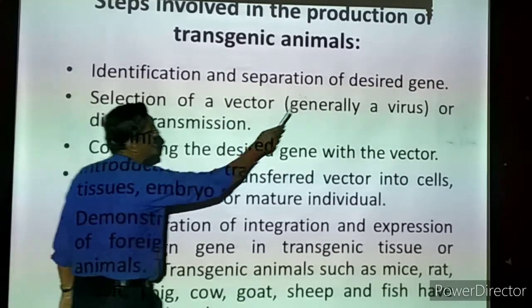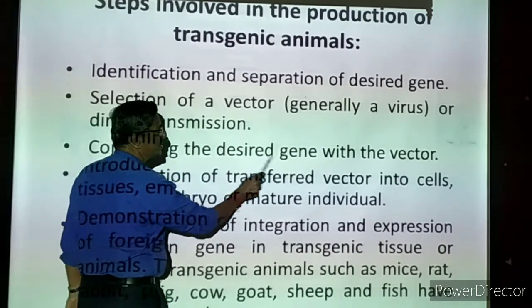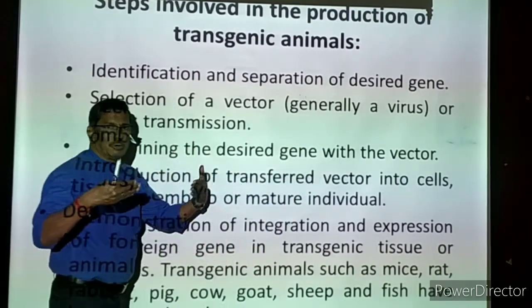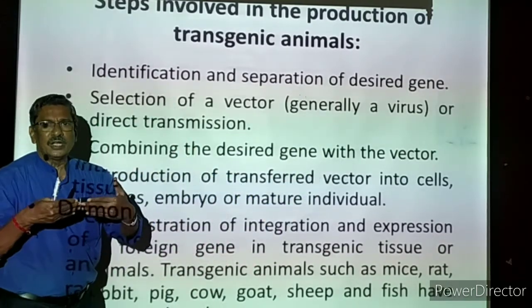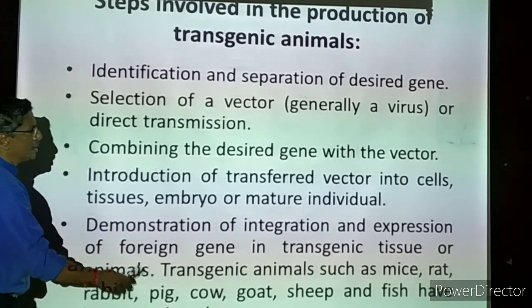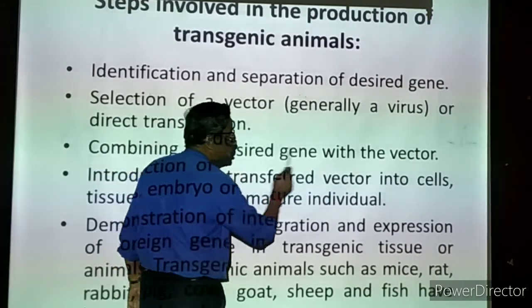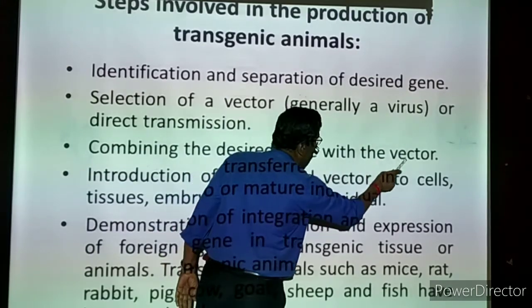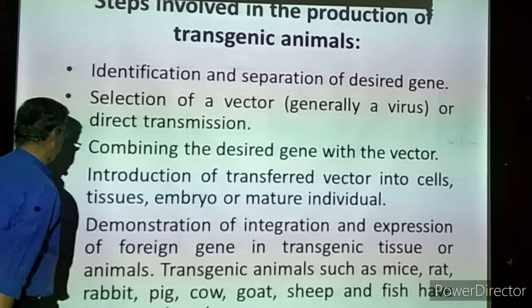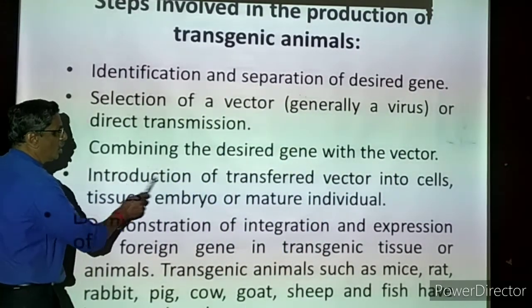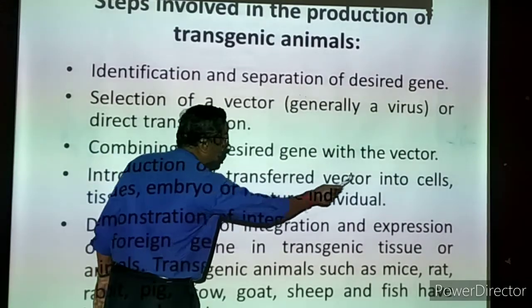Combining the desired gene, I told you, the good gene, with the vector. First we have to make the desired gene and vector combine together. So the good gene should be connected with the vector. Vector means carrier. Then introduction of the transferred vector into the cell.